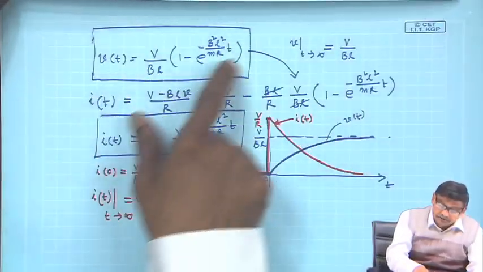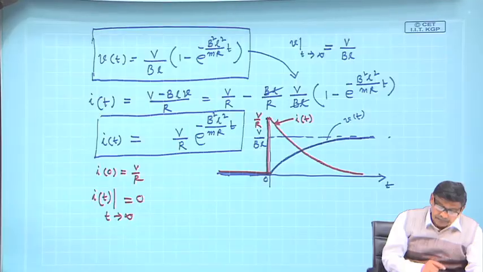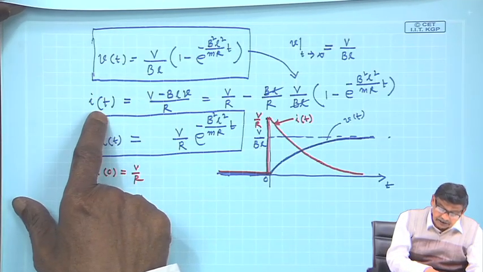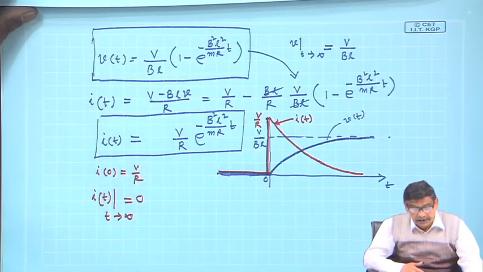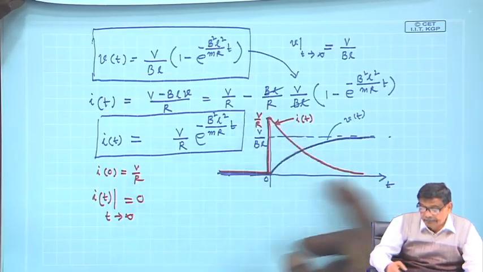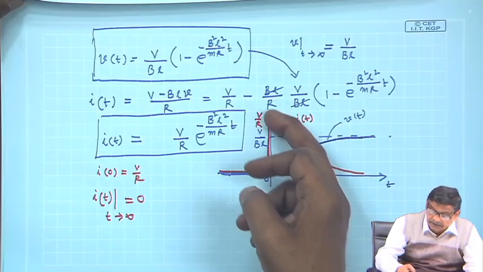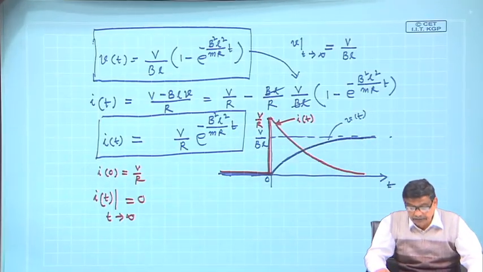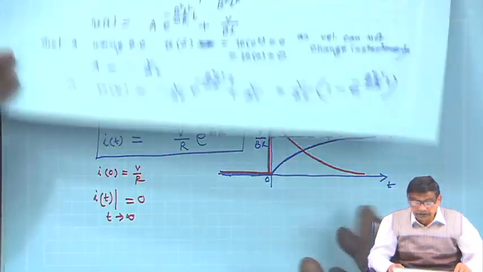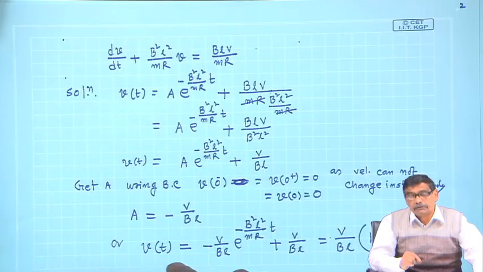From that I found out the value of velocity, which is like this, and also I found out the current, because there are two unknowns v(t) and i(t), and then I sketch them. Velocity will increase exponentially and current will decrease exponentially. So, I will continue with this, but try to understand every bit of this lecture. Thank you.